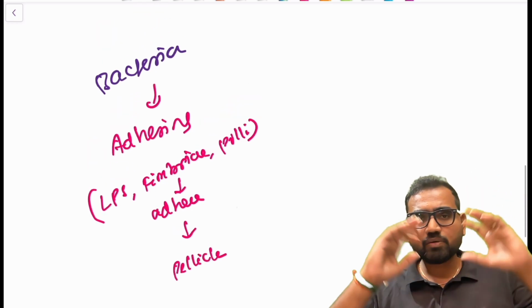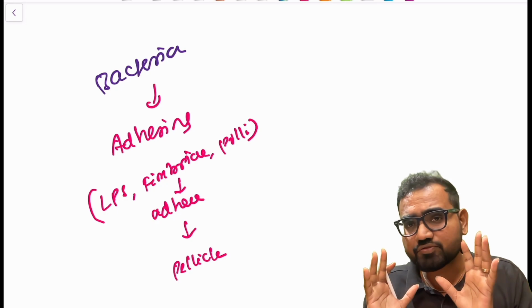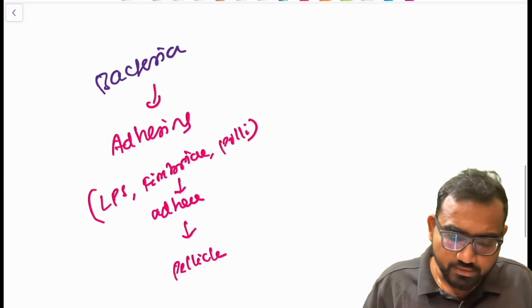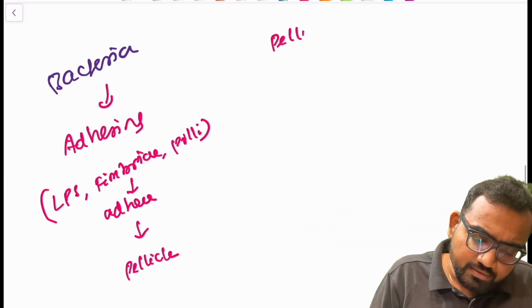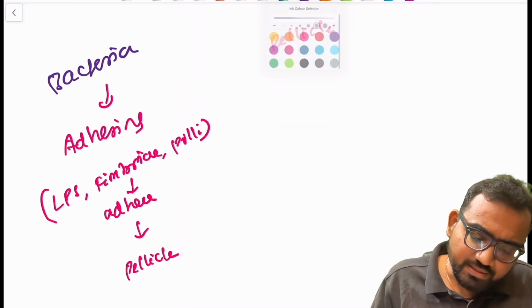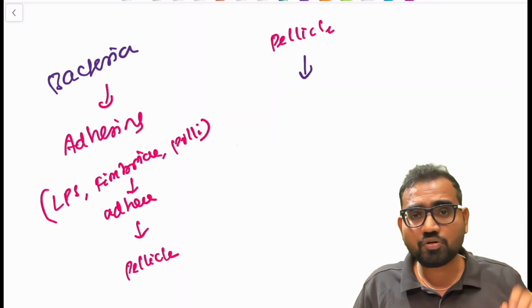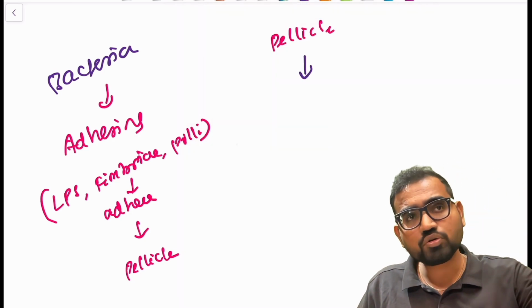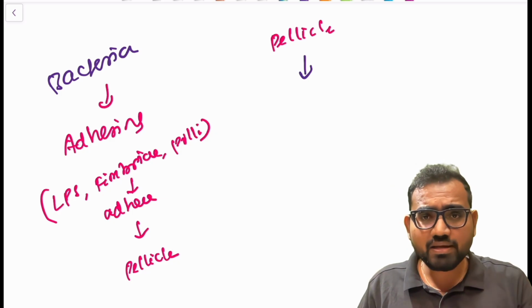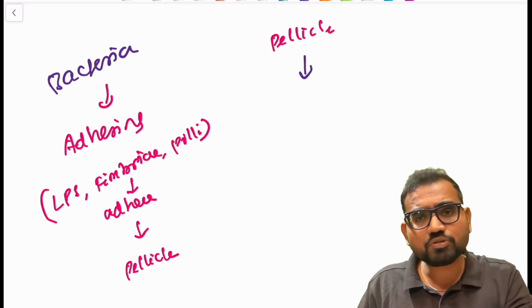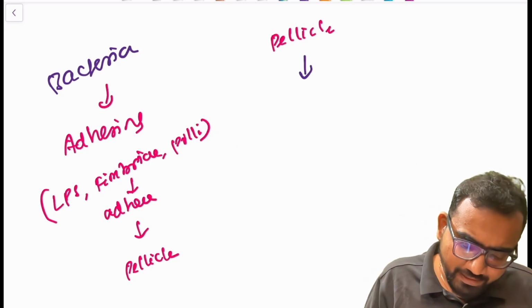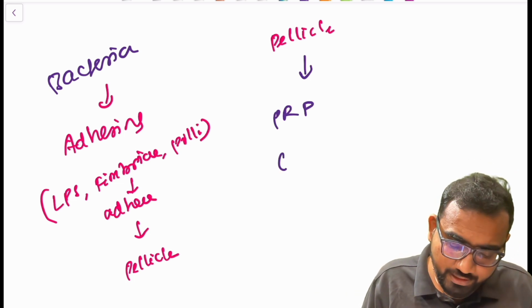All these help in adherence of the bacteria to the pellicle. The pellicle, on the other hand, will have the receptor to receive it, right? If I open the door, somebody can enter my room. Similarly, a pellicle should have something so that the bacteria can attach itself. So the pellicle will have, as I told you, proline rich proteins and glycoproteins.